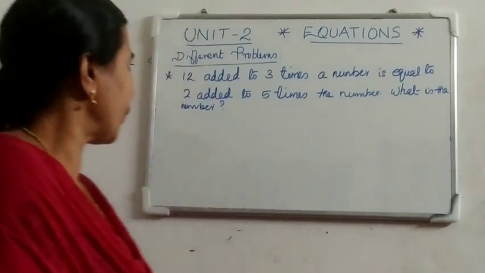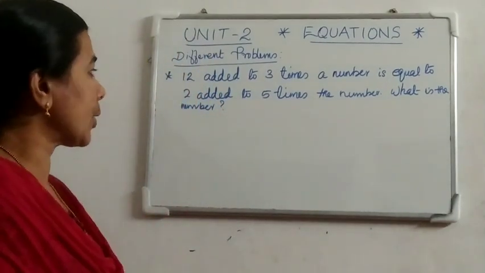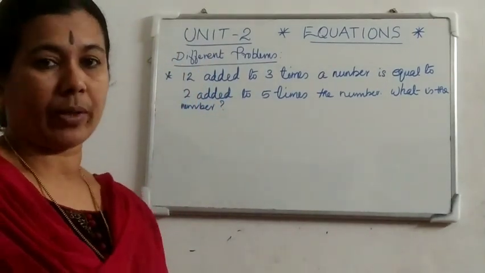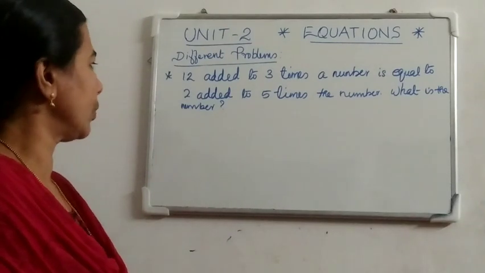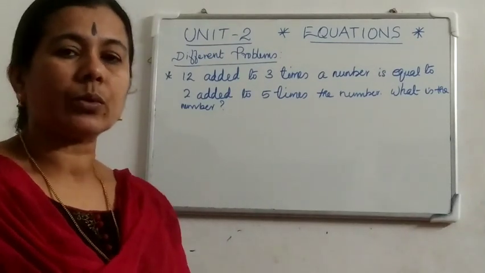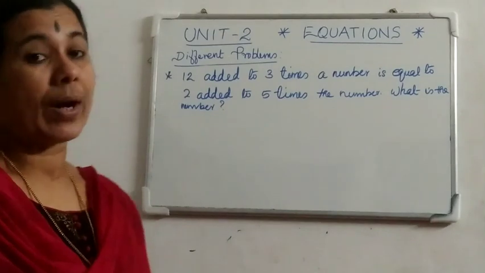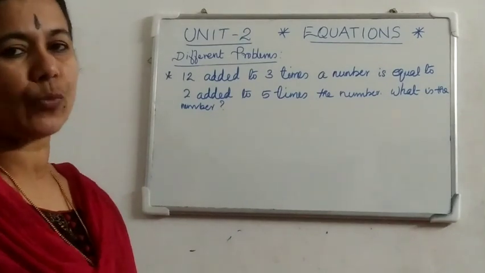Next problem. 12 added to 3 times a number is equal to 2 added to 5 times the number. What is the number? Here also we want to find the number.